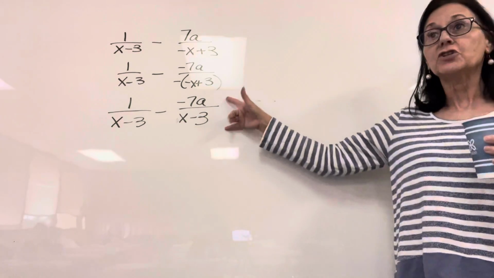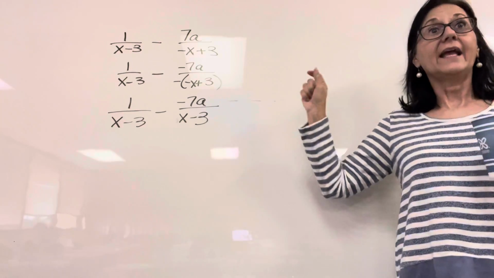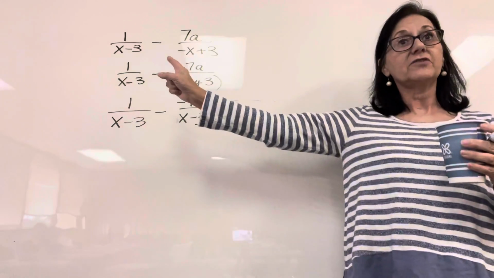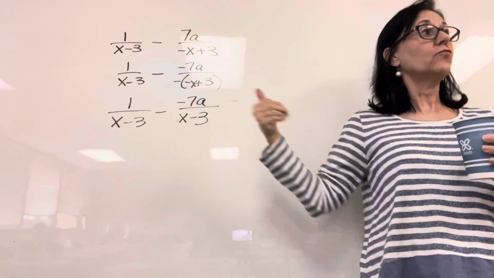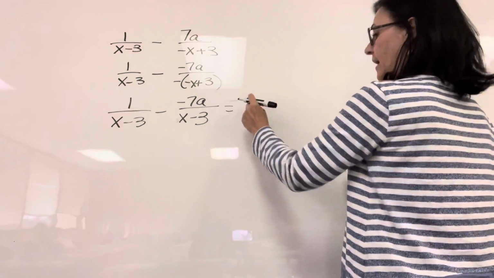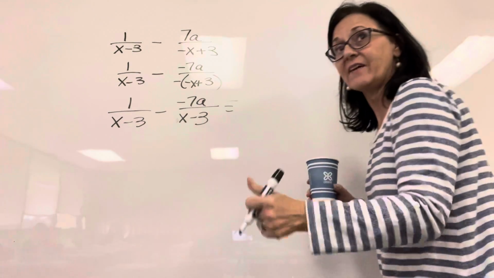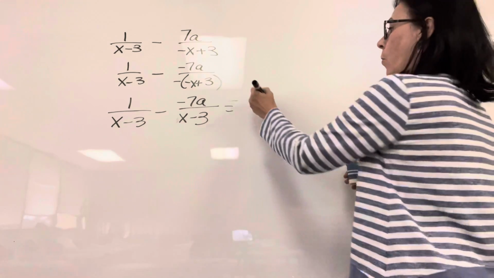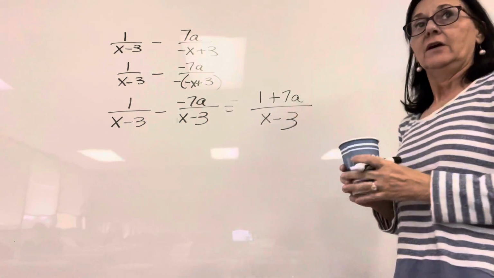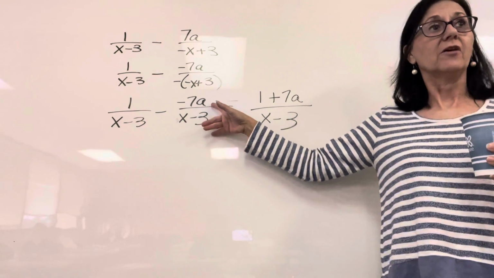The sign moves to the numerator, and I can write everything over the common denominator. It's 1 minus negative 7a, which is 1 plus 7a over x minus 3. So all I had to do was change two of the signs in that second term.